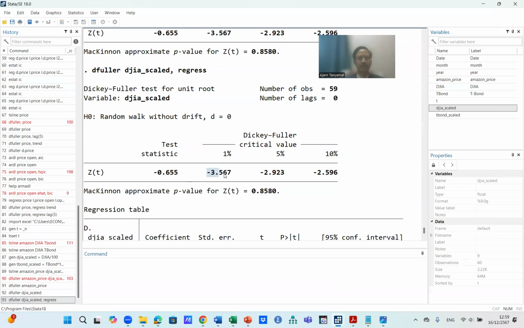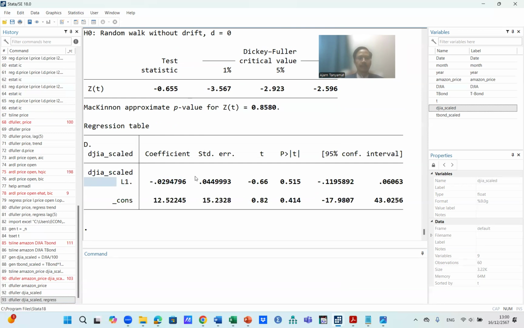T statistic is much lower than any critical value, which means that we're going to not reject the null of unit root. We're going to say that this is non-stationary. You can look at the regression result here as well. So DJIA non-stationary, stock price non-stationary. Already we know that if we estimate the model, we're going to get spurious regression, because we're going to show statistical significance even when there's no relationship.